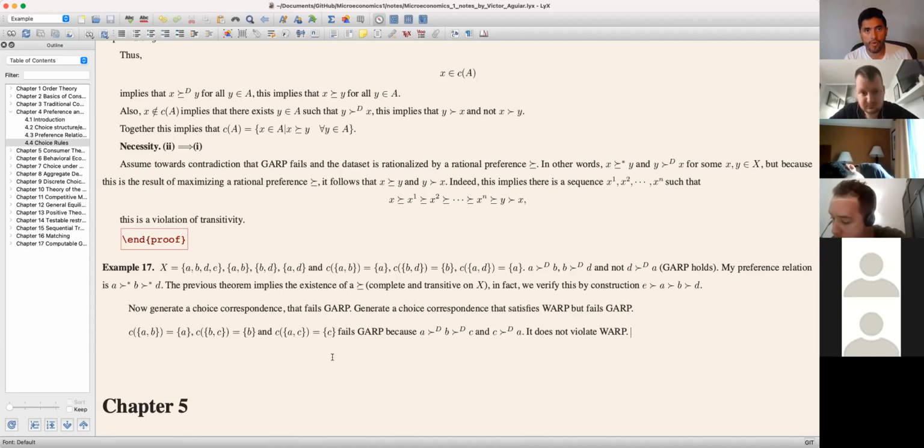Go back to the definition of WARP. It requires that there is no direct reversal of preferences. So, for instance, A is better than B. For a reversal of preference, A and B should be together again in some menu, and then you pick strictly B over A. That would be a violation of WARP. But A and B never appear together again.